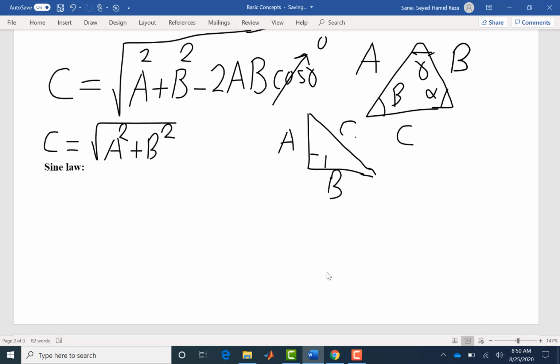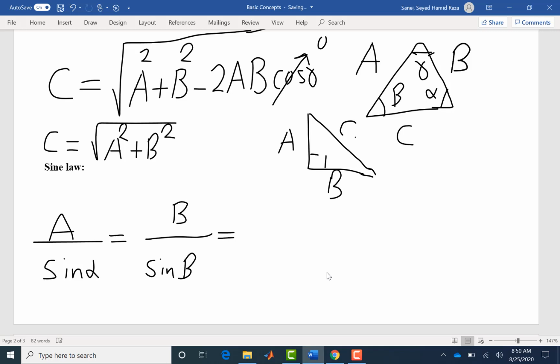And then we have the sine law, which is A over sine alpha, the opposite angle, B over the sine of the opposite angle, which is beta, equals C over the sine of the opposite angle, which is gamma. So we have two equations here. I've just written it all together. So you can use either of these.